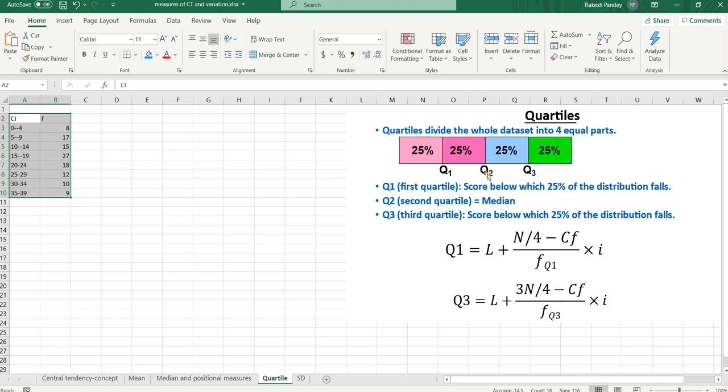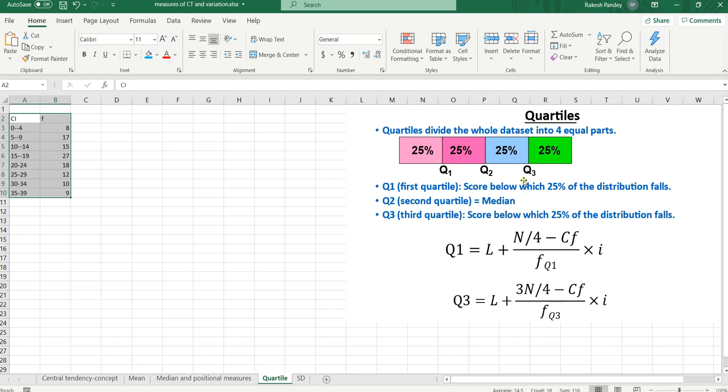Look, below Q2 there are 25 plus 25, 50%, and above it there are 25 plus 25, 50%. So basically the second quartile is the median itself. So when we do computation of quartiles, generally we calculate Q1 and Q3. So Q1 is a value below which there are 25% cases and above which there are 75% cases.